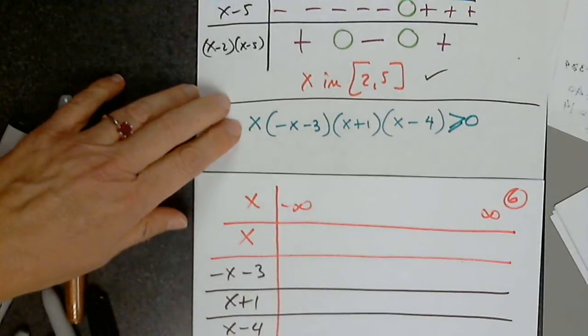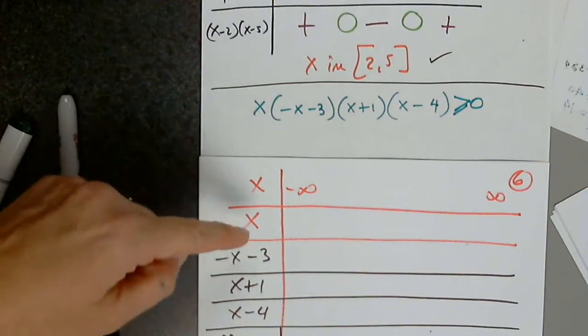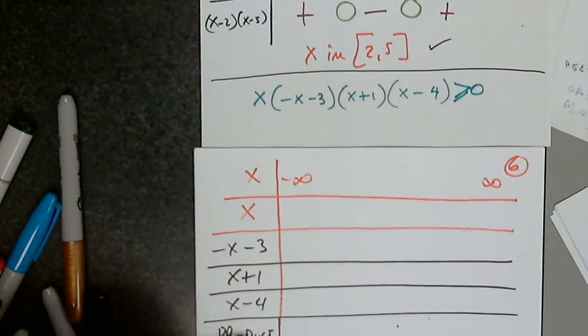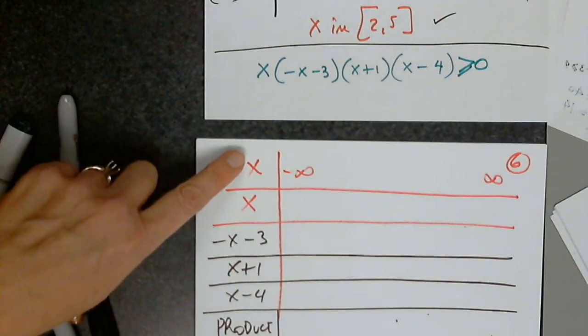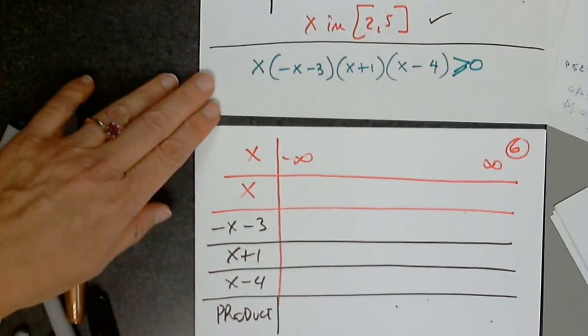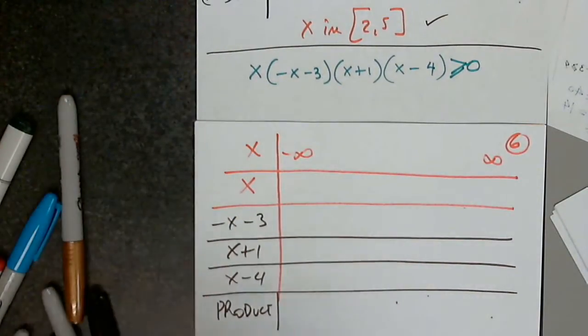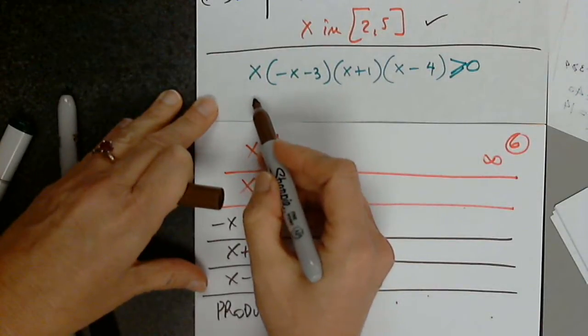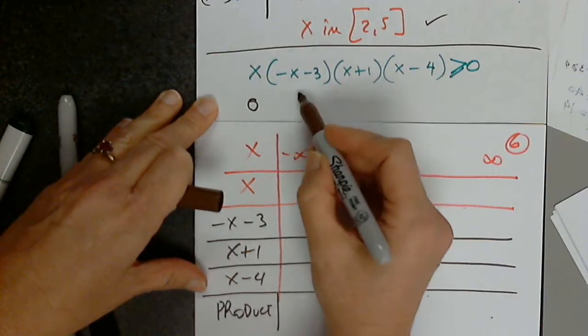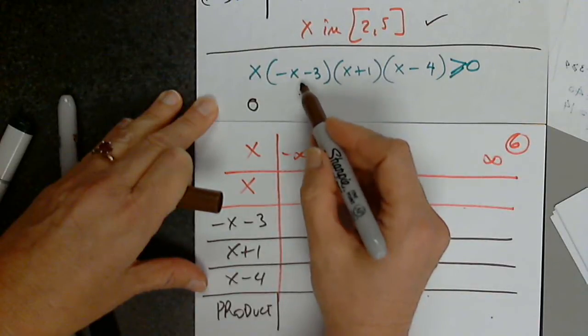So I have 4 factors, so I have to have 4 rows, a row for each factor, another row for the entire product, and the top row with values of x. Now you have to give me the 0 of each factor in ascending order. What is the 0 of this? 0. What is the 0 of this?